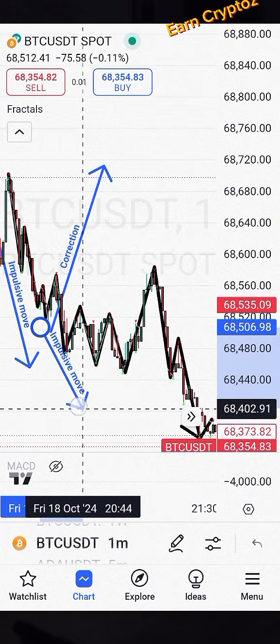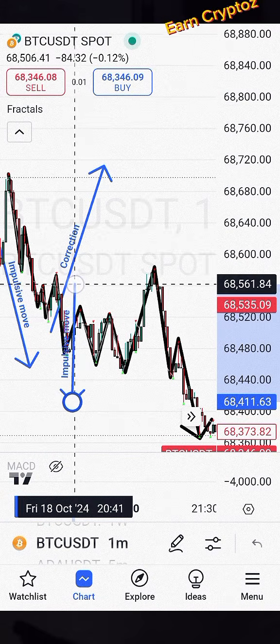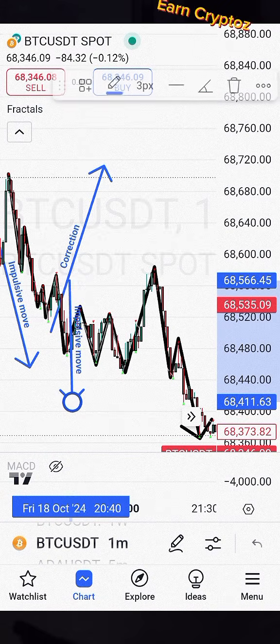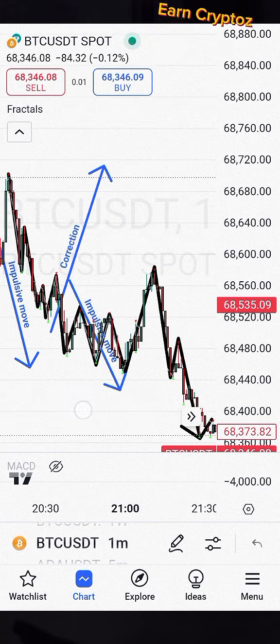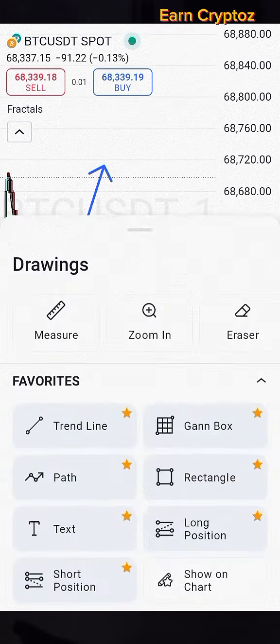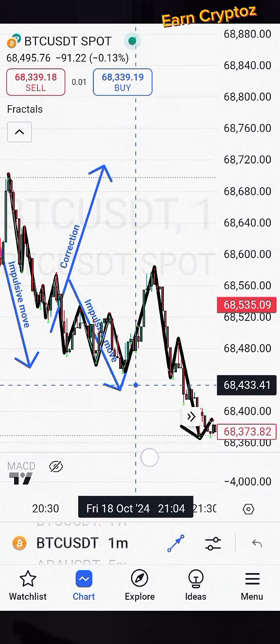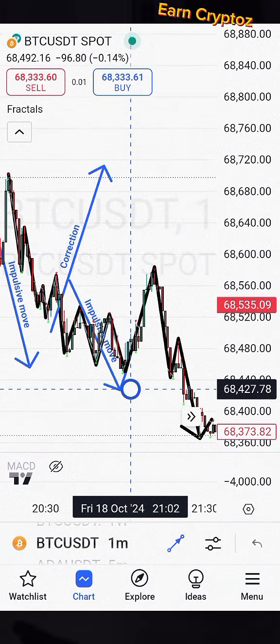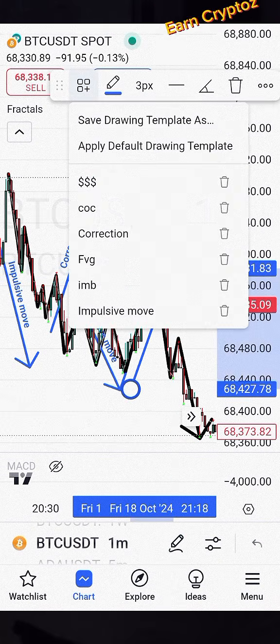So that's another impulsive move. Okay, so this is another impulsive move, and after the move we add inducement on that impulsive move. Then we had another move that took out the inducement, which is the correction.